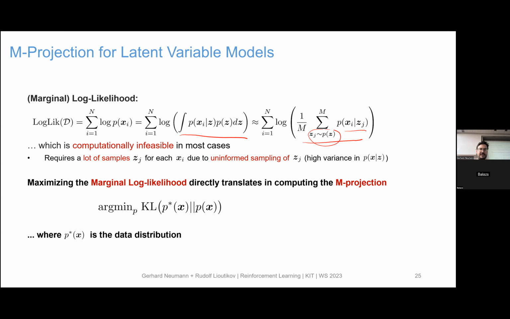We would need to do that for every sample x that we see, with many different z's to approximate this integral. Computationally, this is just not doable, because for every data sample you would need, I don't know, 100 or 1,000 samples. It's very hard to do that. It's just too slow.